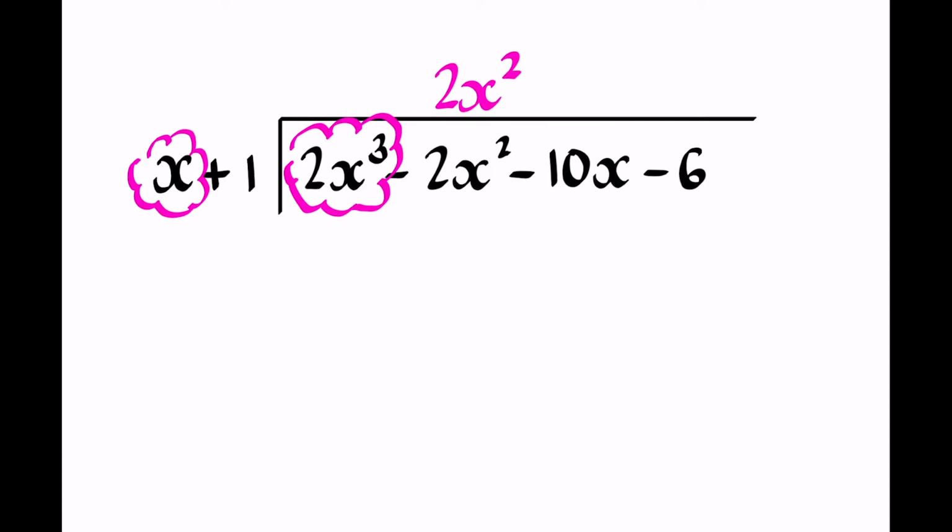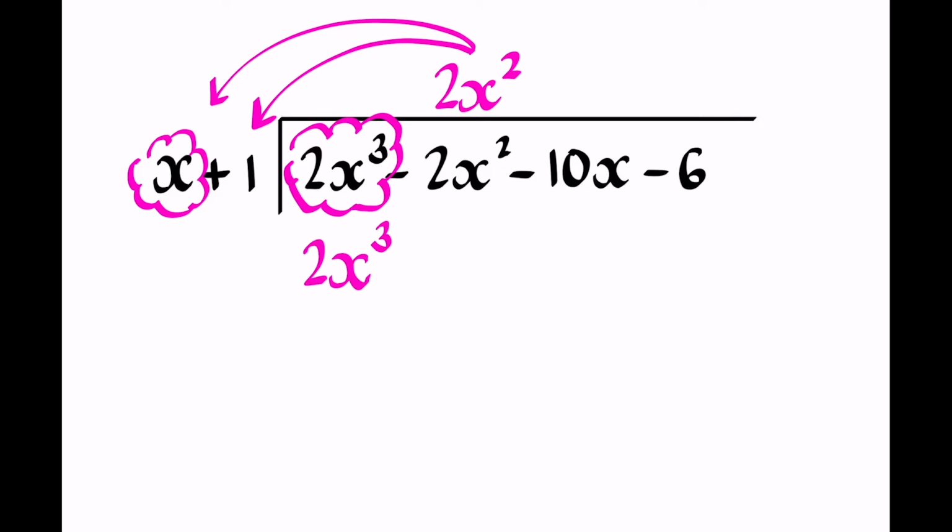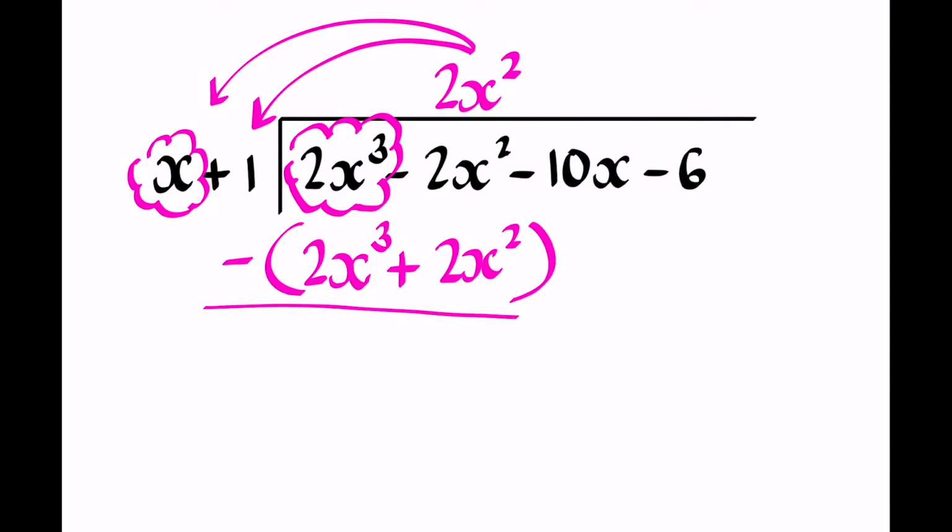Now I'm going to take this 2x squared and multiply it with both of the terms that I have. So 2x squared times x is 2x cubed, and 2x squared times positive 1 is positive 2x squared. Long division, I subtract.